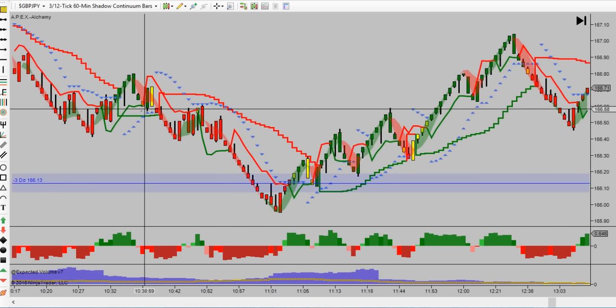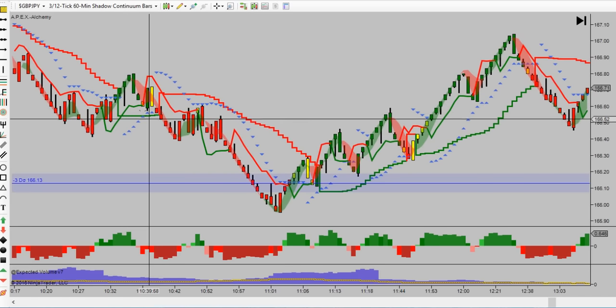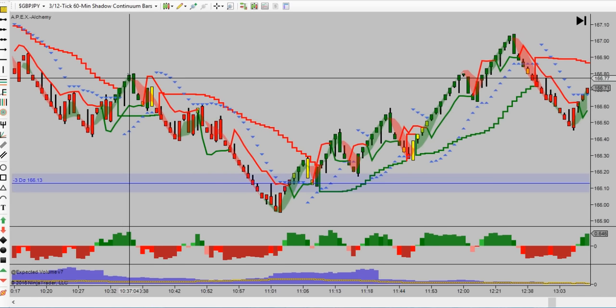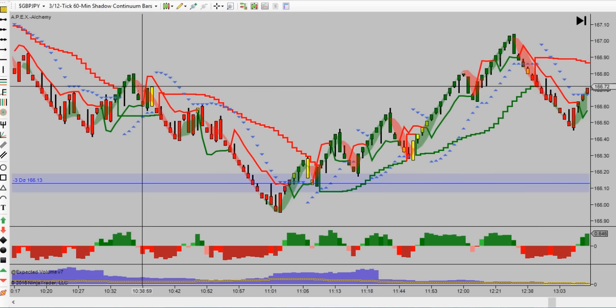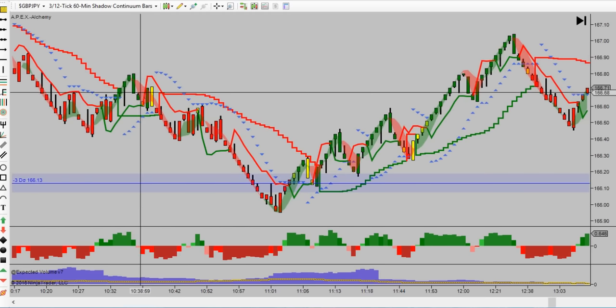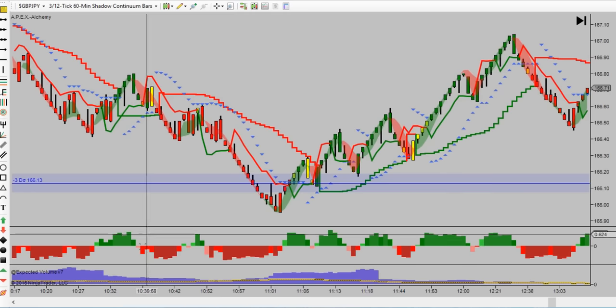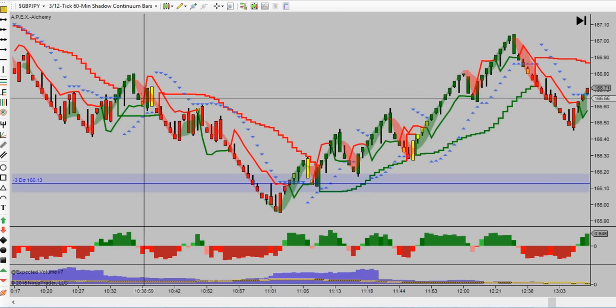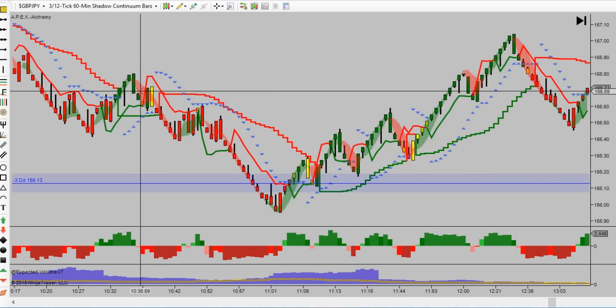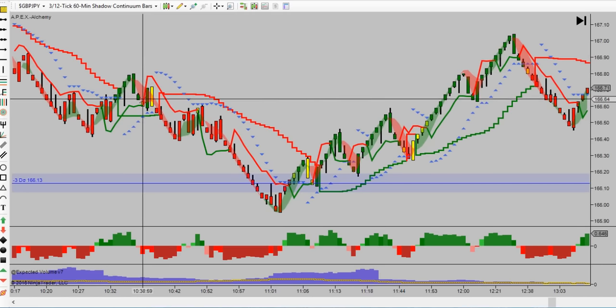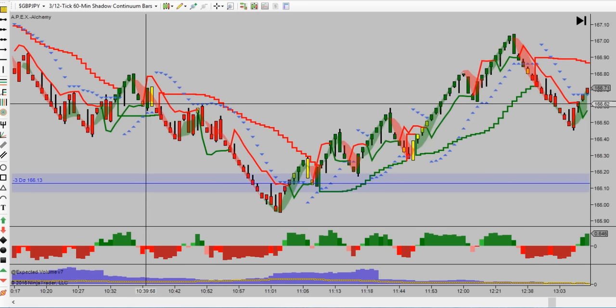Or if 3 indicators go against you. For example, we got in this trade going up, but then look what happened here. Trend bands went red. Right here, volatile trend line turned red, and the trend R turned red. So you can get out. If 3 indicators flip against you to the wrong color, you get out.